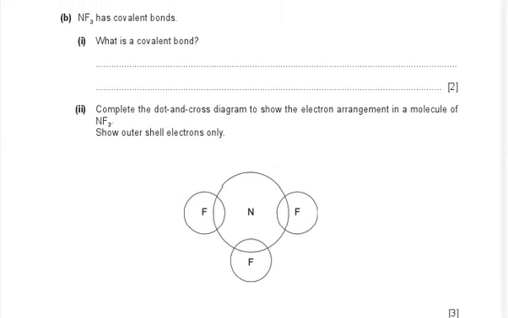Okay, as we can see here, question B, we have a nitrogen and fluorine compound. It has covalent bonds. What does a covalent bond mean?